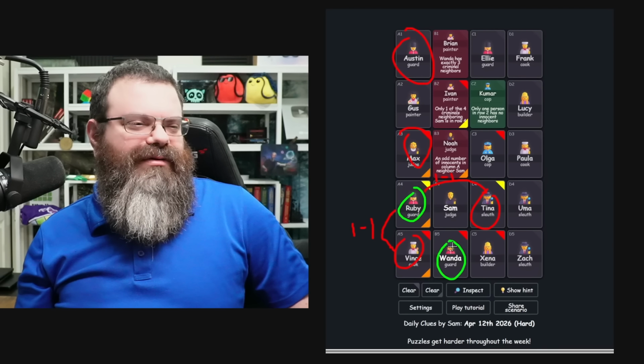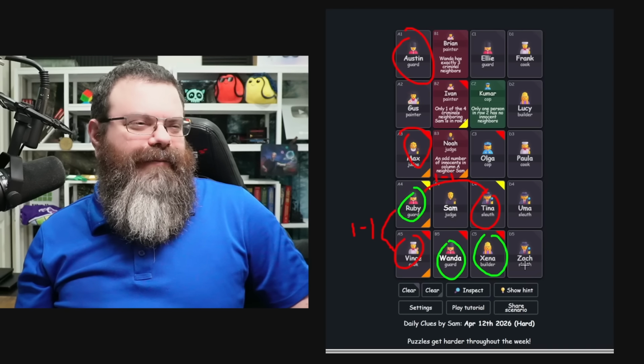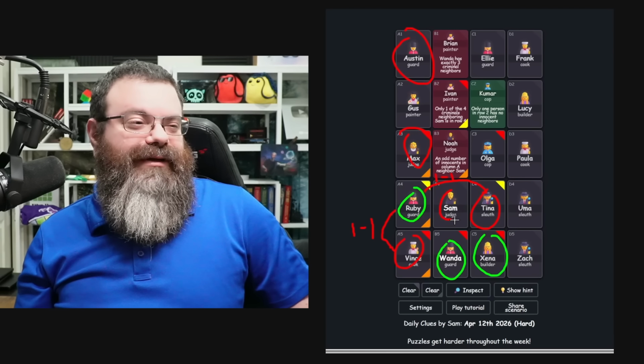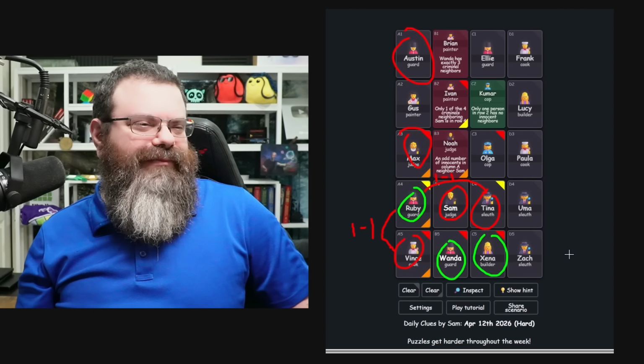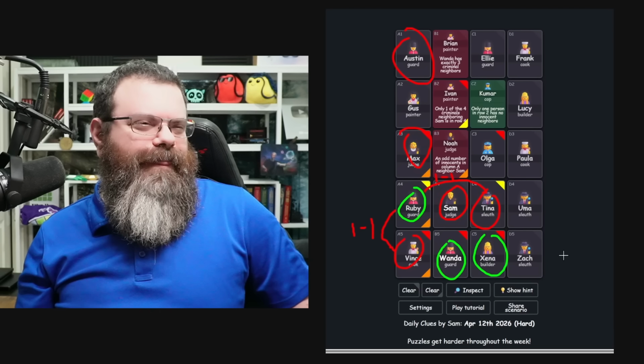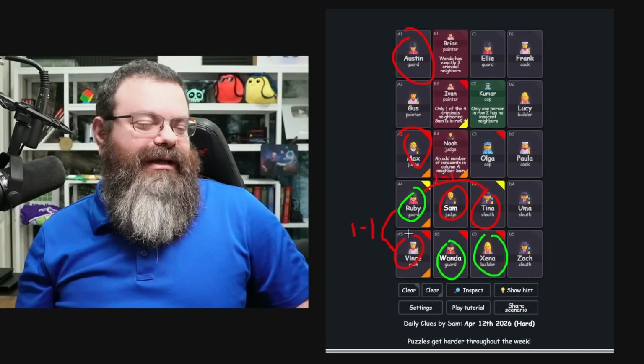Ruby would be innocent, Wanda would be innocent, Xena would be innocent. And that would force Sam to be guilty in order for Wanda to fulfill. This is like an if inside of an if, but... So Wanda now has 3. Sam has 4. An odd number of innocents in this column.